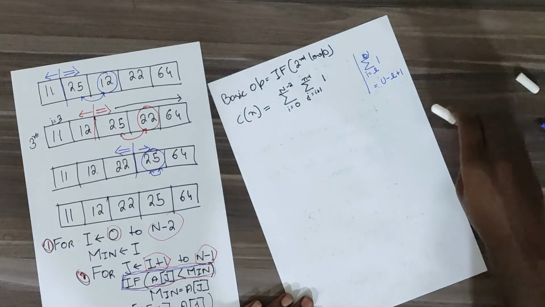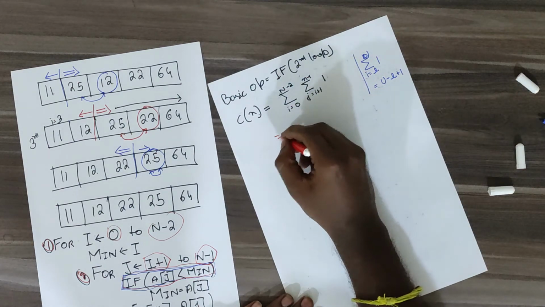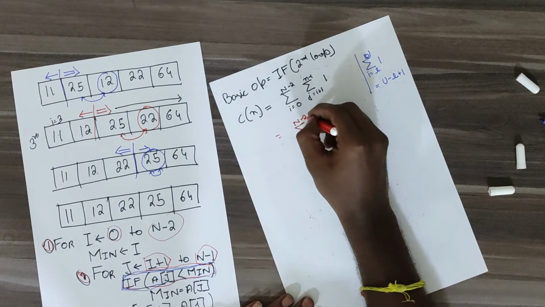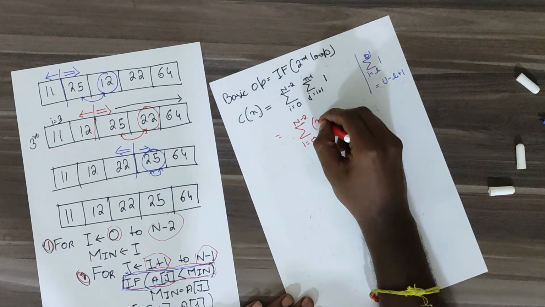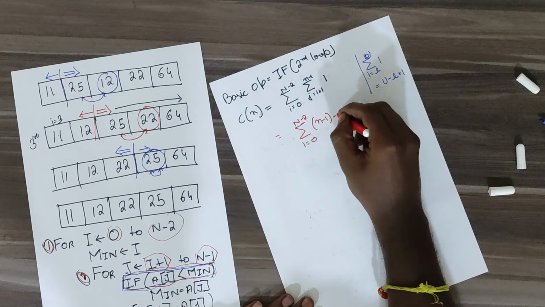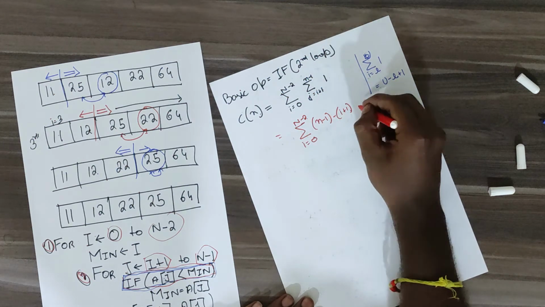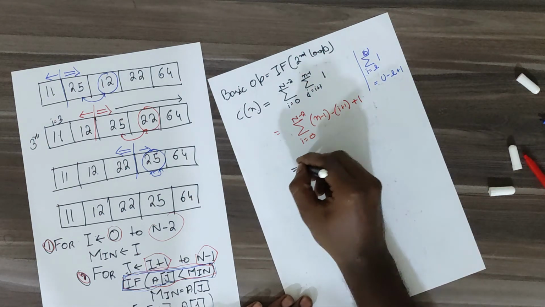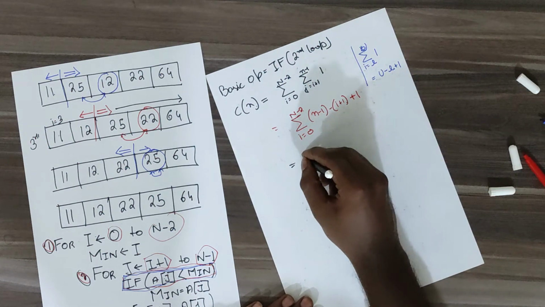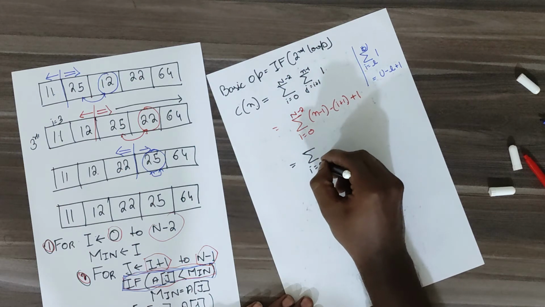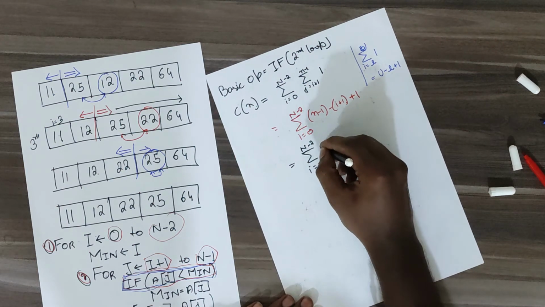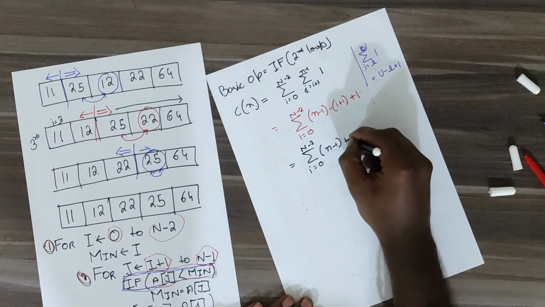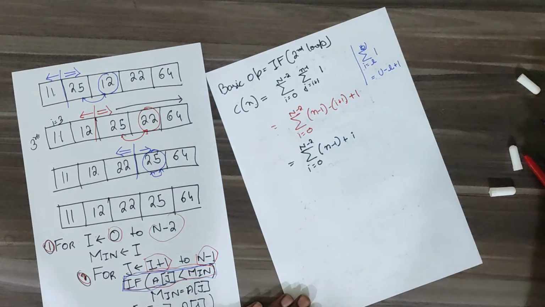Now on applying this formula here, sigma i is running from 0 to n minus 2, followed by upper bound n minus 1 subtracted by the lower bound i plus 1, and then plus 1. On solving this, we get sigma i equals 0 to n minus 2 of n minus 1 minus i.